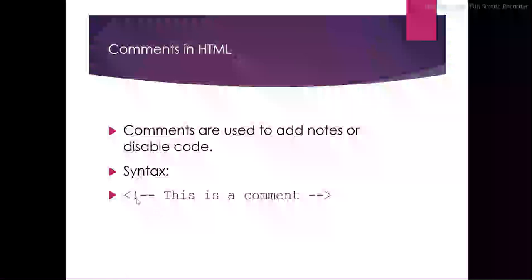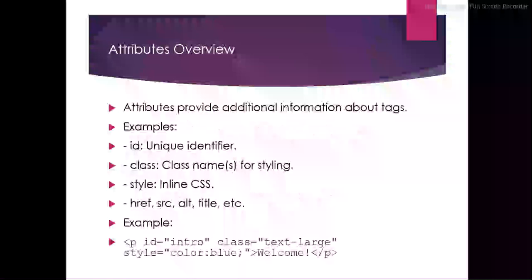Less than, then an exclamation symbol, then hyphen hyphen, then the line of text, then close with hyphen hyphen and the greater than symbol. This is the standard way of giving a comment in HTML.